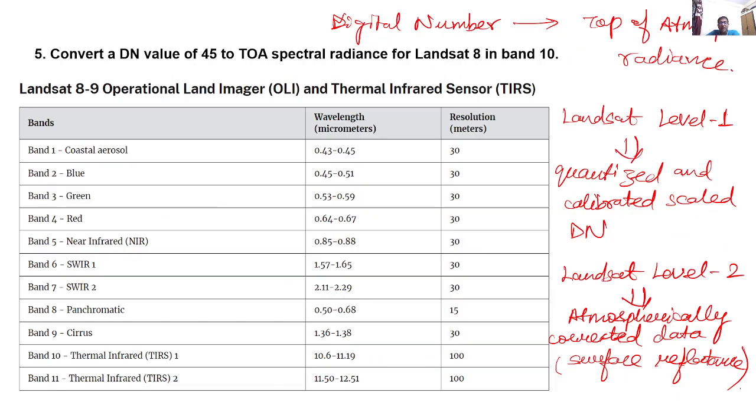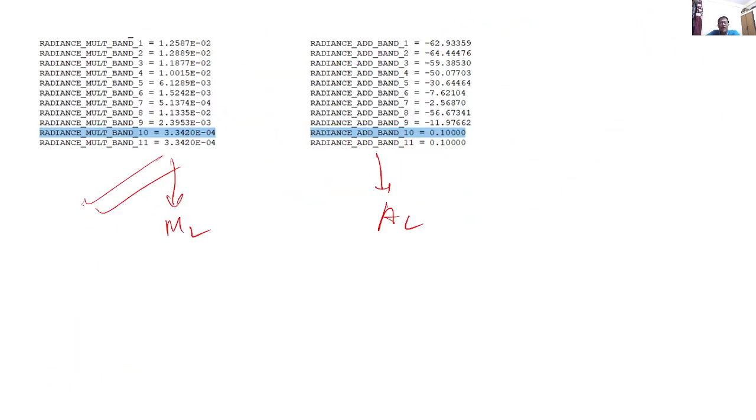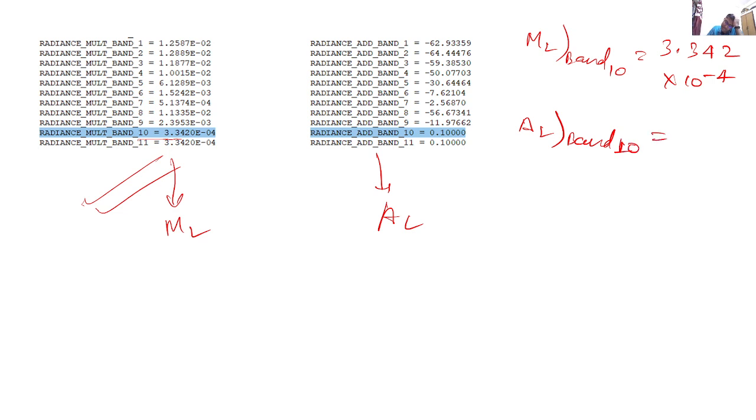We are interested in band number 10. So the ML for band number 10, we can extract it. It's already highlighted. It's 3.342 times 10 to the power minus 4, and AL for band 10 is 0.1.